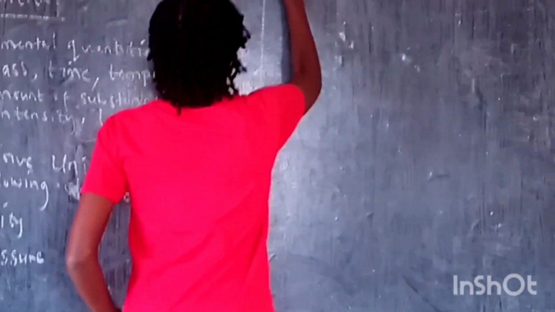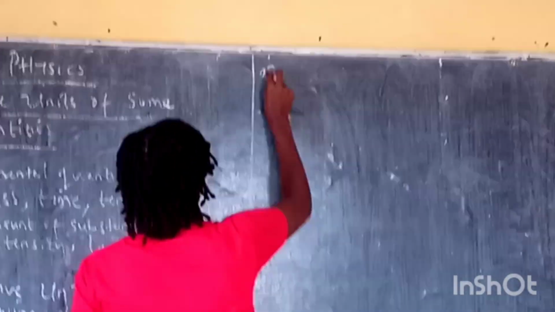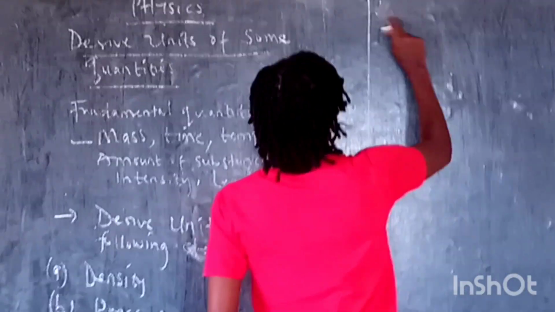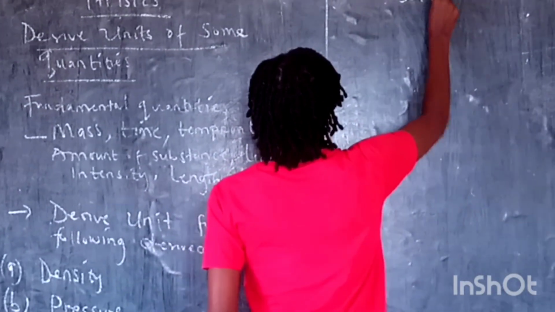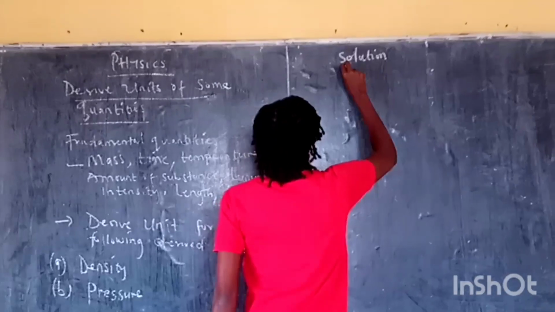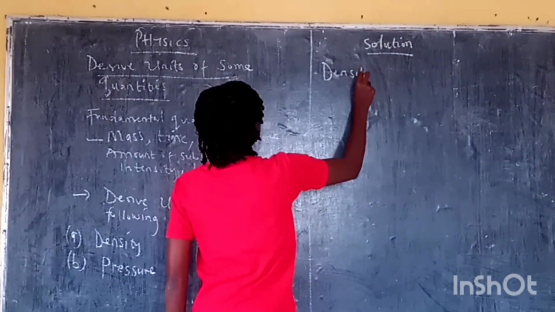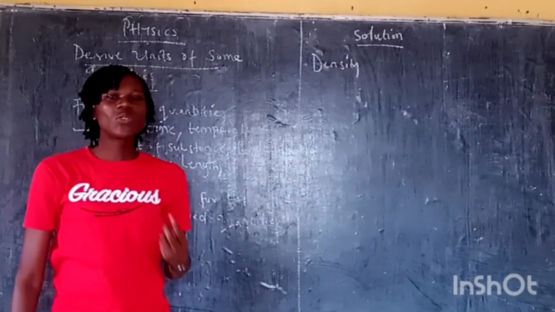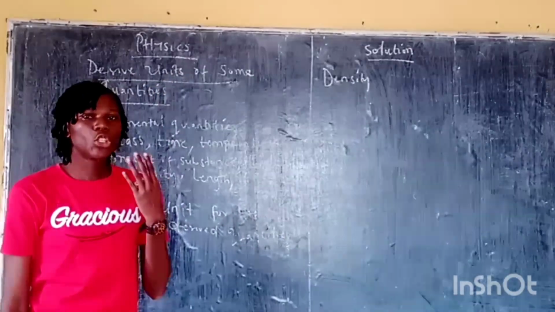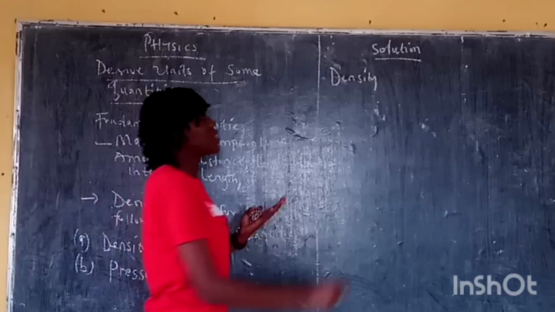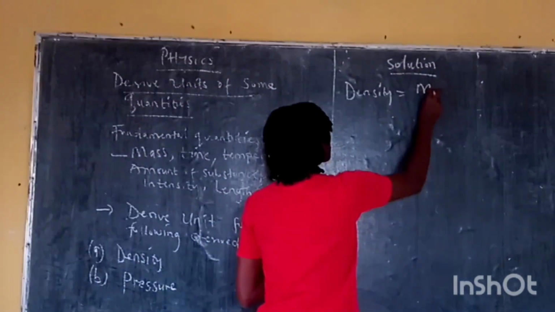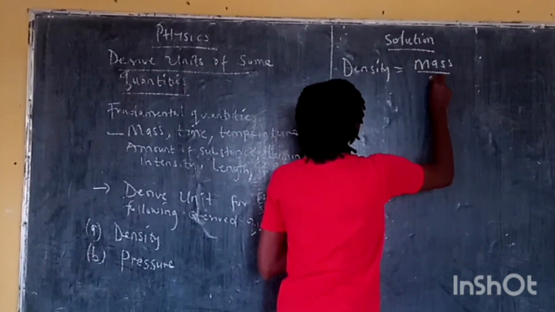Now we're going to take the question in the solution. So the solution is this. First of all, the first step is to determine the formula for density. And the formula for density is actually mass over volume.